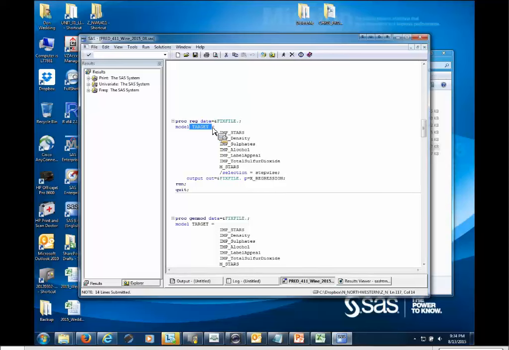Now, in theory, you can't use a regression model on this data because it violates all of the assumptions of linear regression. So in theory, if you do this, you're going to get a bad answer.